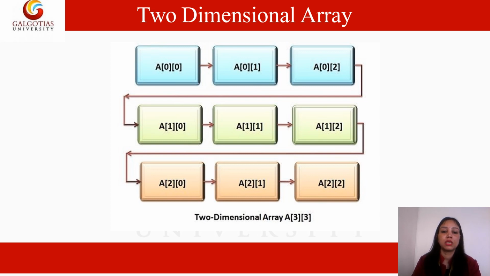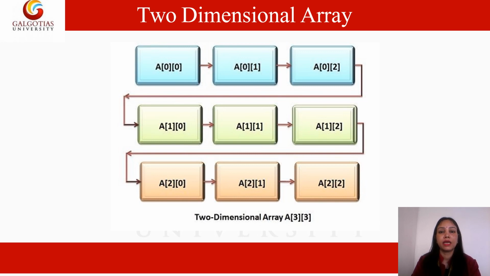Suppose you have a 2D array with row size 3 and column size 3. How many total elements are you able to store? Just multiply the row size with the column size. 3 into 3 is equal to 9. So we are able to store a total of 9 elements, and we all know that array index always starts with 0.